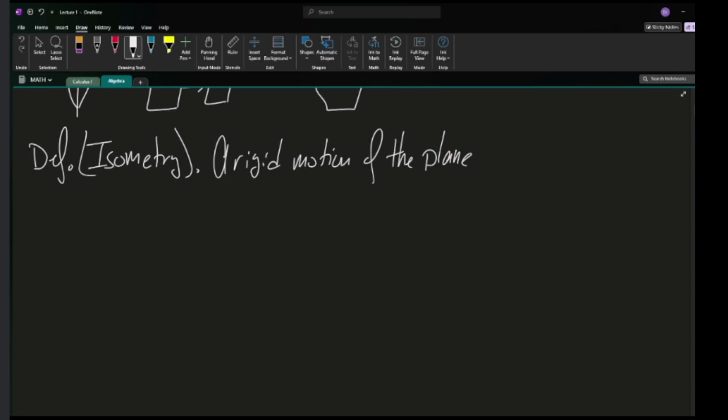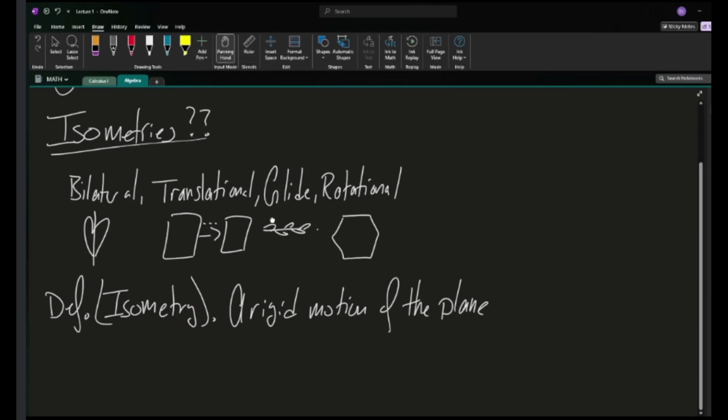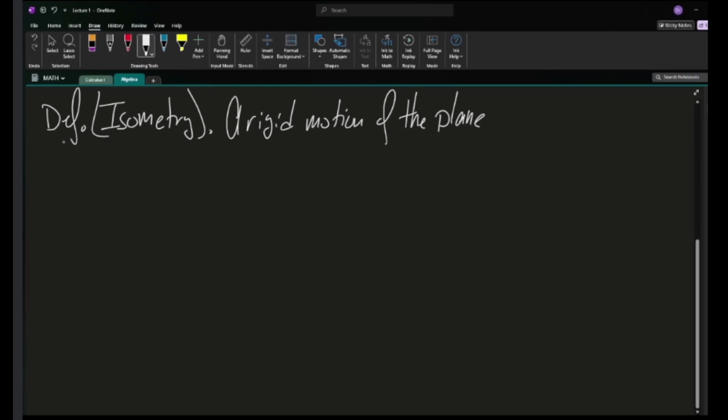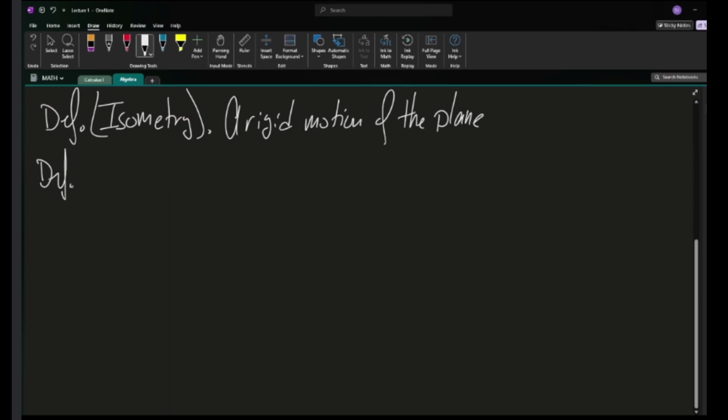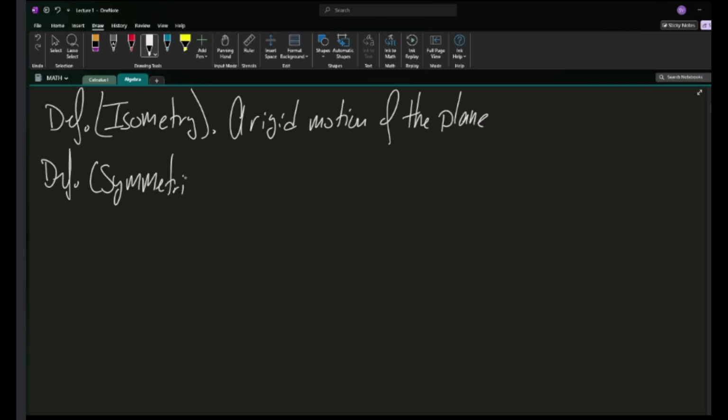And with these isometries, we have these concepts called symmetries, as we mentioned before. So a symmetry is if we take these isometries, and this isometry maps the figure itself, as a subset of the plane, to itself.